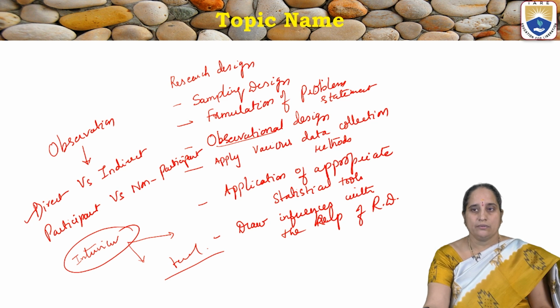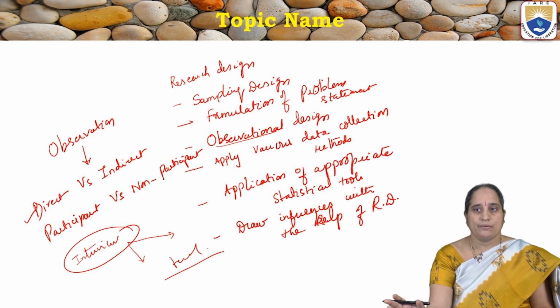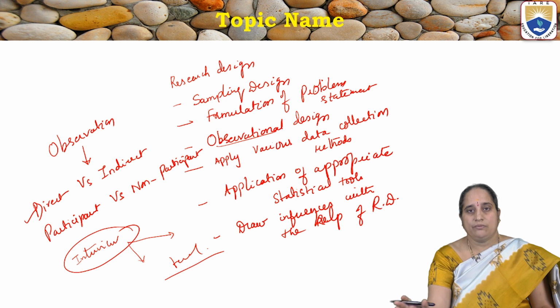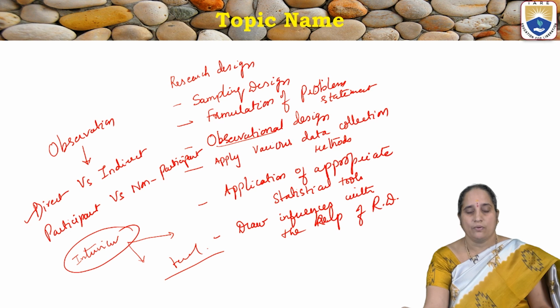And indirect: by not being part of the group, the investigator or enumerator stays somewhere far away from the group and silently observes how you are moving with the group, whether you are part of the group or isolating yourself from it. So every minute thing they observe.